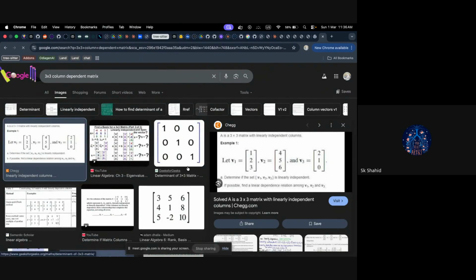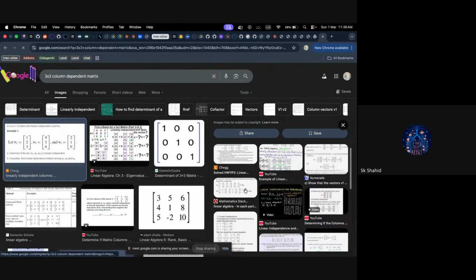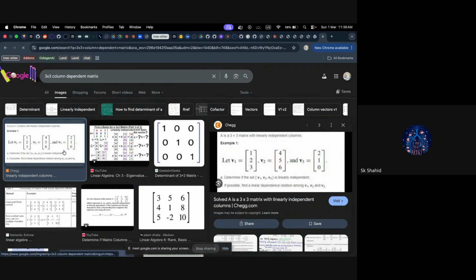I'm just trying to find an easier example. I can give you an overview of what an independent or dependent matrix would look like. So let's say one column has values of 1, 1, and 1, and the other column has values of 2, 2, and 2.